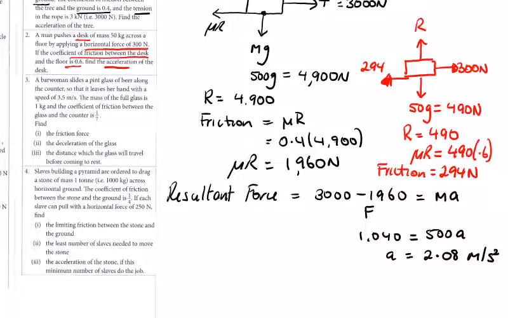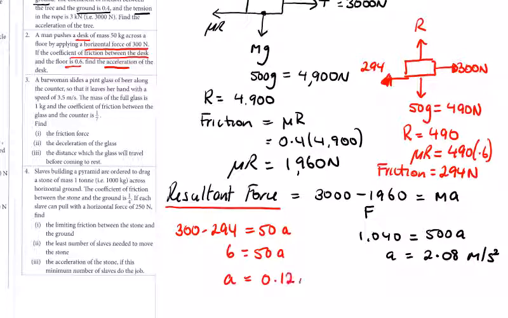So the resultant force is 300 minus 294. That's equal to mass, 50, times acceleration. 6 is equal to 50a. So a is equal to 6 over 50, 12 over 100, 0.12 meters per second squared.